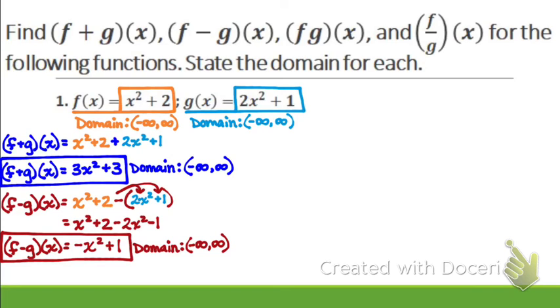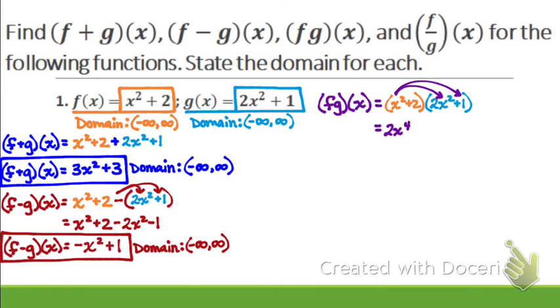All right, let's go look at the product. So fg of x, I'm going to multiply x squared plus 2 times 2x squared plus 1. We're going to need to double distribute here. What is x squared times 2x squared? 2x to the 4th. And then x squared times 1, I just get x squared.